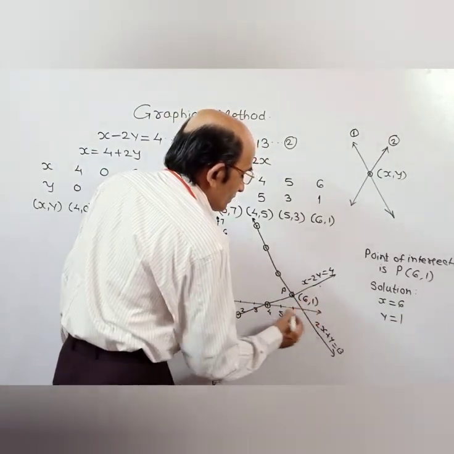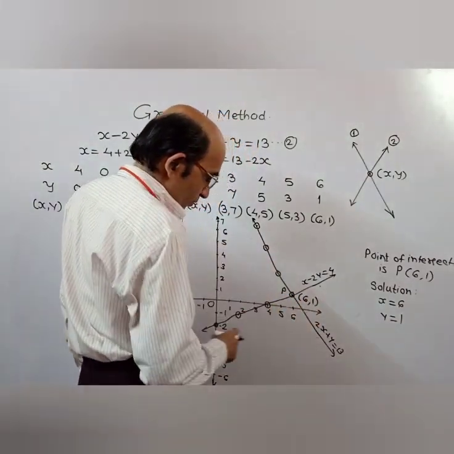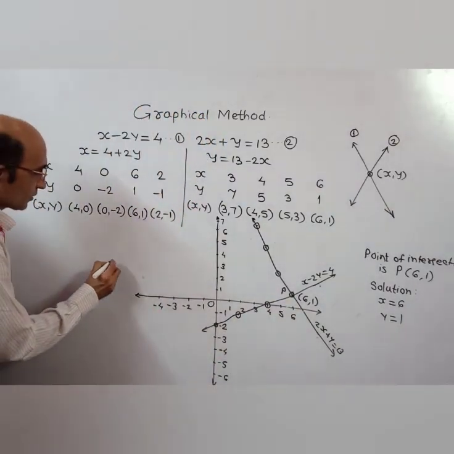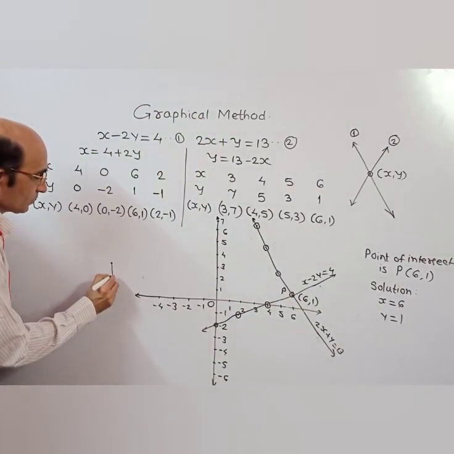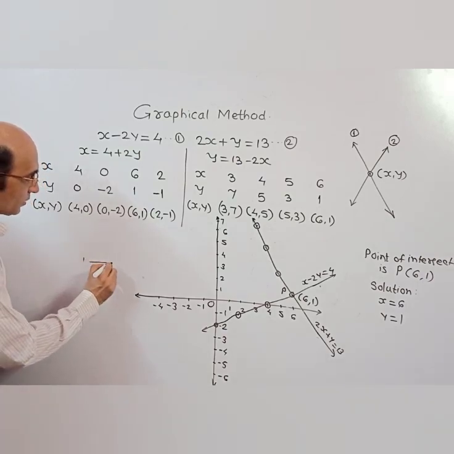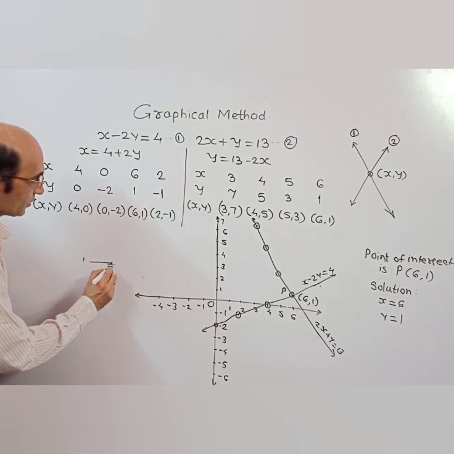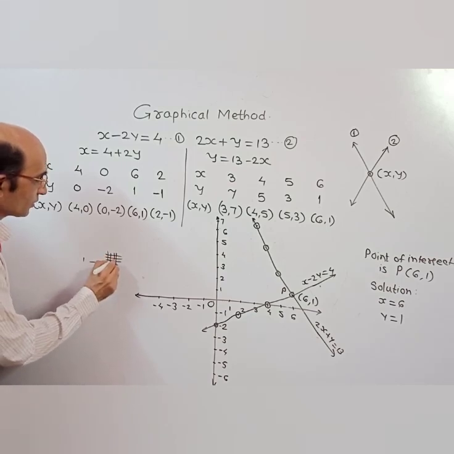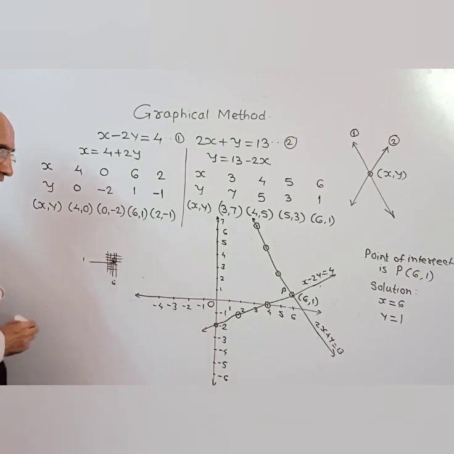Because here the point of intersection is 6, 1. When actually on graph paper you draw the lines, sometimes, suppose this is point 6, 1, 6 and here 1. Here we have lines at 1 millimeter distance and vertical lines. Students are getting the point of intersection somewhere here, so there is some error.